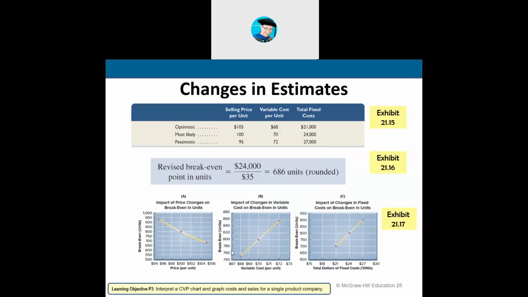Another method is through the change in estimates. The change in estimates is relatively straightforward as well.